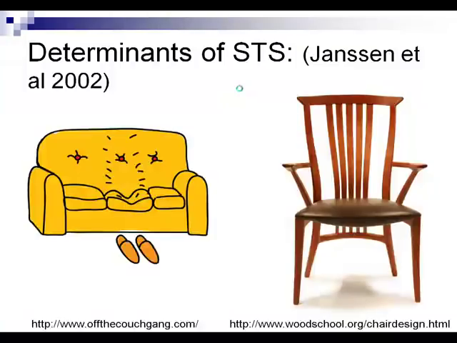So in terms of getting out of a chair, think of how easy it is to get out of a soft, squishy sofa that you might sink into versus a chair that has quite a stable base of support and not much give. This might be high in comfort but not ease, and this might not be as comfortable but certainly probably easier to get out of.